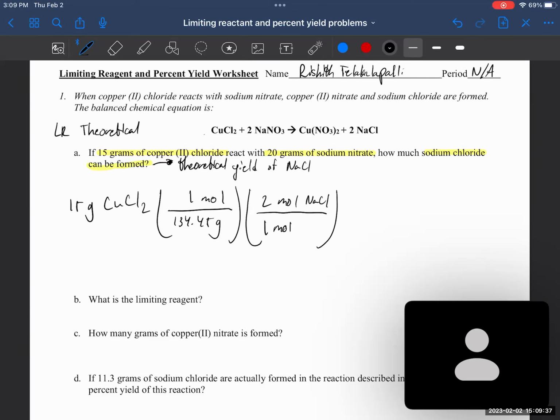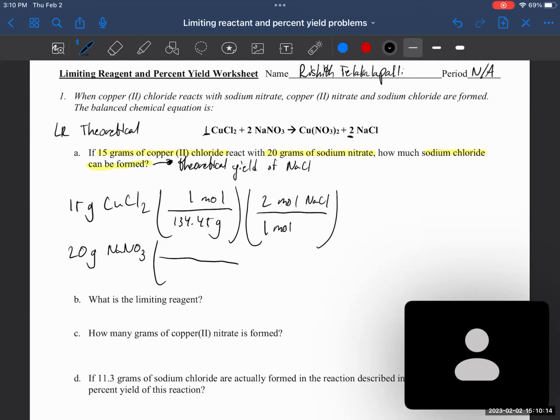20 grams sodium nitrate. And then anybody want to tell me the molar mass for that? Wait, you said 147 for sodium nitrate? All right, there's an 84, so somebody got 84.